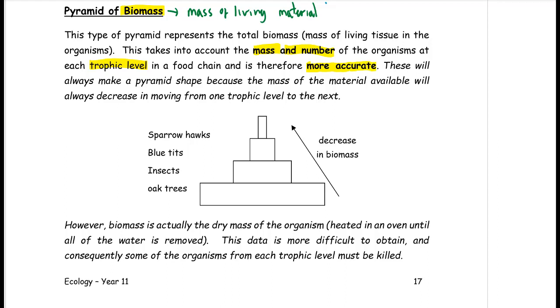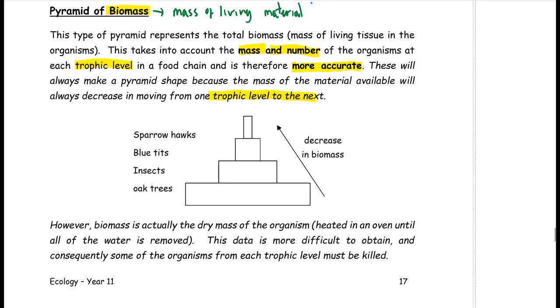Now, these always make a pyramid shape because the mass of the material available will always decrease in moving from one trophic level to the next. Now, you might remember that when we looked at food chains, we said there was leaves, then caterpillars, then blue tit, and then a kestrel.